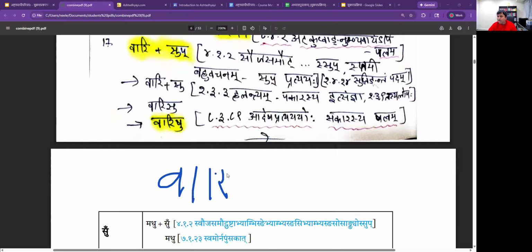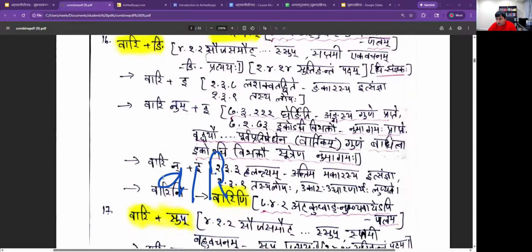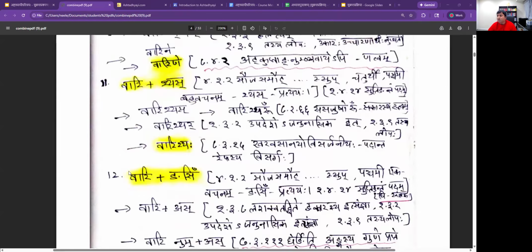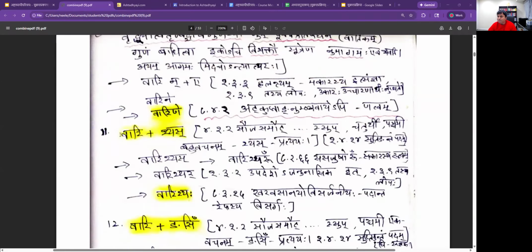The question is as follows. You have ikochi vibhaktau as a sutram which gives the numagama in case of ajadi vibhaktis. So you did not apply ikochi vibhaktau in case of bhyam and so on. For example, let's take vari plus bhyas. There is no ikochi vibhaktau because it is not an ajadi pratyaya.